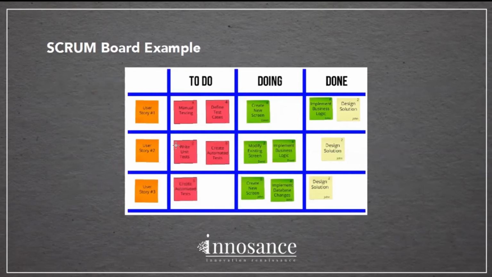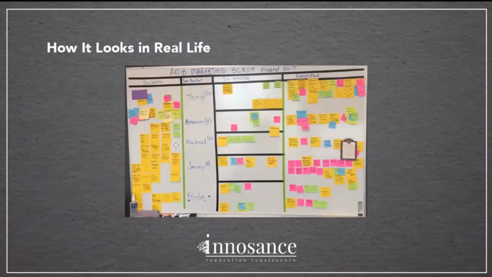So let me show you another Scrum board more complicated than this, because this one looks like something like, hey, I'm going to move to my house next week, and these are the things, like call the mover guys, or pick up the garbage, or cleaning the house. That's how simple this one is. But in real life, it looks like this.